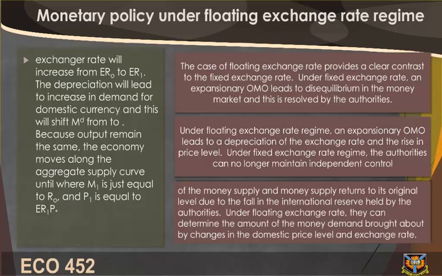Under fixed exchange rate regime, the authorities can no longer maintain independent control of the money supply and money supply returns to its original level due to the fall in the international reserve held by the authorities. Under floating exchange rate, they can determine the amount of money, and the change in money demand is brought about by changes in the domestic price level and exchange rate.